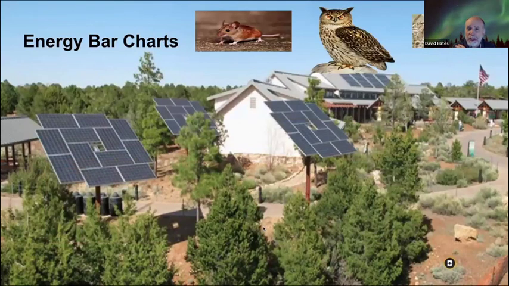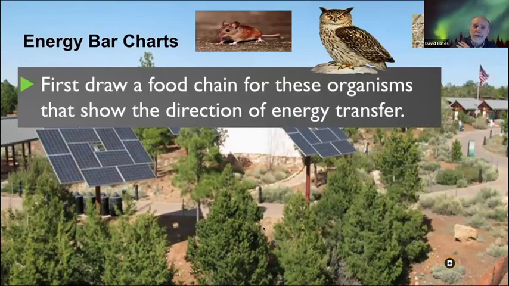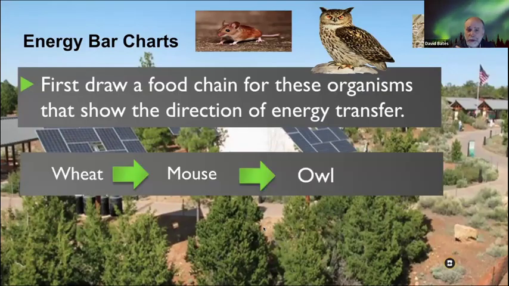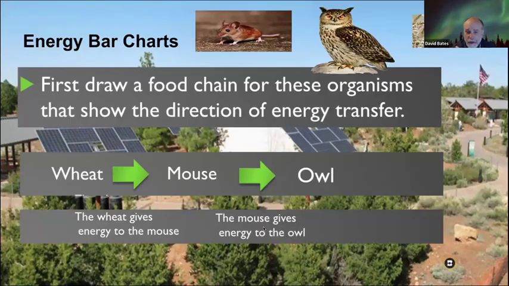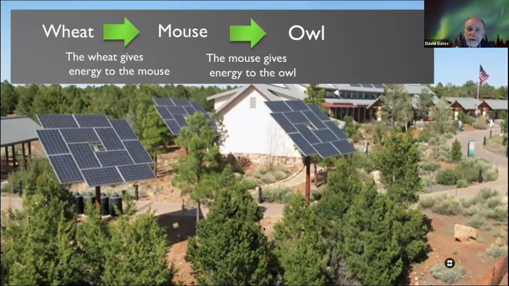How can we represent that, not thinking about the mouse and so on, but specifically what's happening with the energy in it? We would have the kids draw the food chain for the organisms, wheat, mouse, owl, and then we'd talk about it. We wouldn't give the explanation; we'd try to get them to do the describing. And then we would get them to represent it.